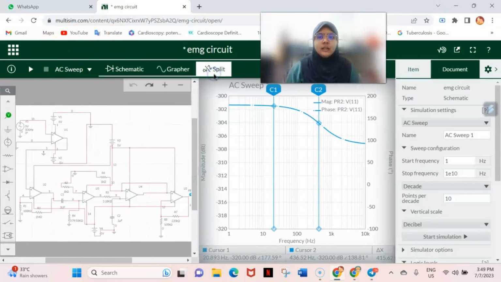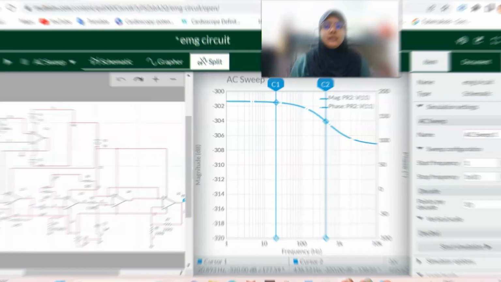As you can see, this is the result of the EMG circuit, and the parameters that we use for the frequency, like I said before, are 1 until 10K, and this signal has been converted from analog to digital signal, and it pops up on the one graph only. That's all from me. Thank you.